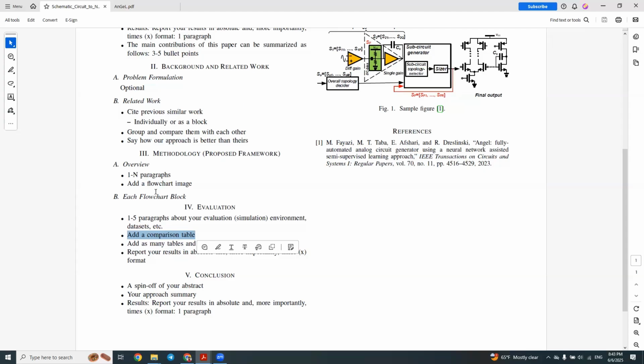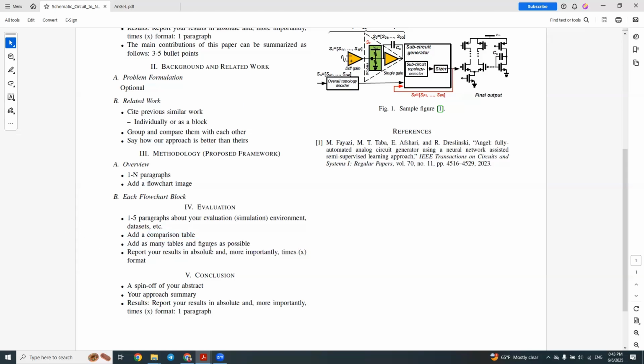So add a comparison table. This is what the reviewers are looking for. Reviewers have a certain structure in their mind, and they want to see that structure. One of them is the comparison table. They want to see that you have compared your work with the state-of-the-art approaches. Okay, this is very important.